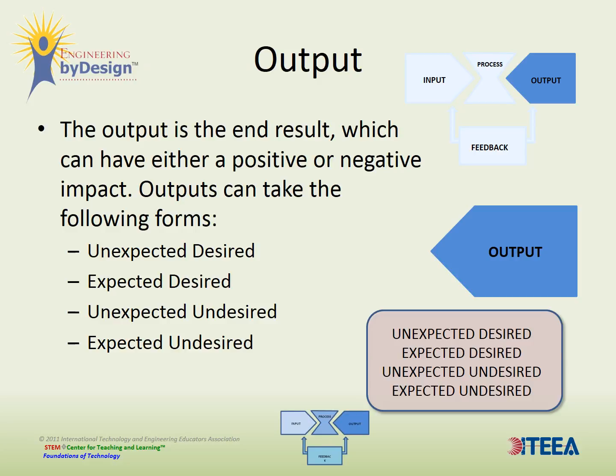It could be an expected undesired result. So your output, excuse me, is your end result, and it can either have a negative or a positive impact. So it could be unexpected desired, expected desired, unexpected undesired, expected undesired.